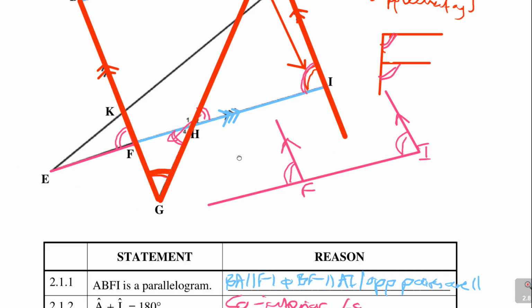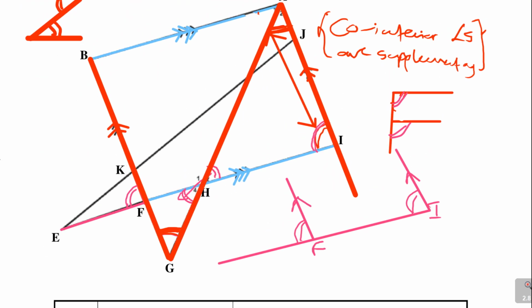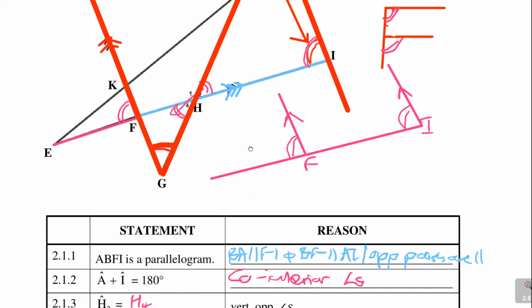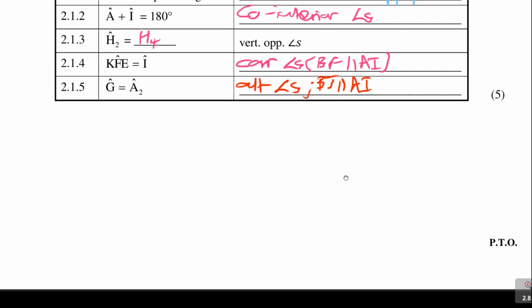So when you write there, the reason being what? Alternate angles. So you say it's alternate angles, but you must tell us the reason. Which parallel line says that they are alternate? These are the parallel lines. To say BG is parallel to AI. You write that BG as an extra there. BG is parallel to AI. Guys, as we're revising, that is that. Okay.